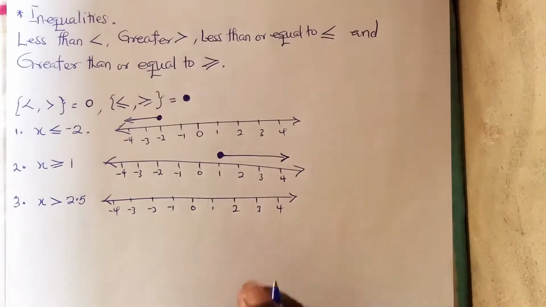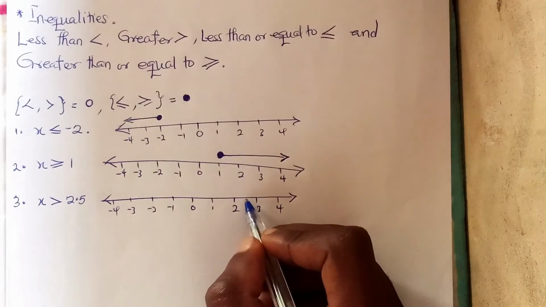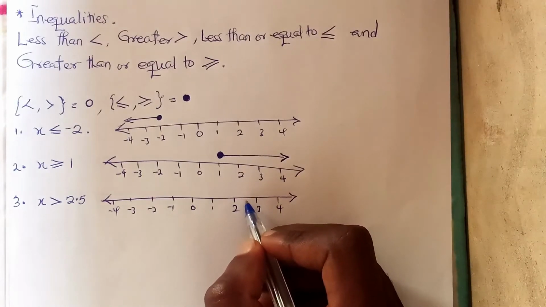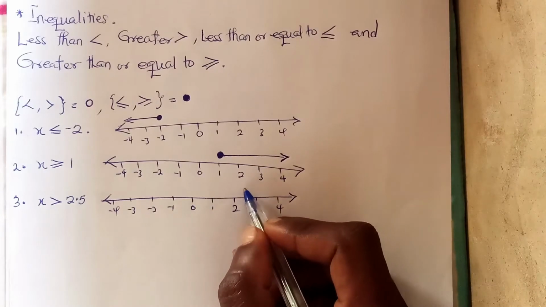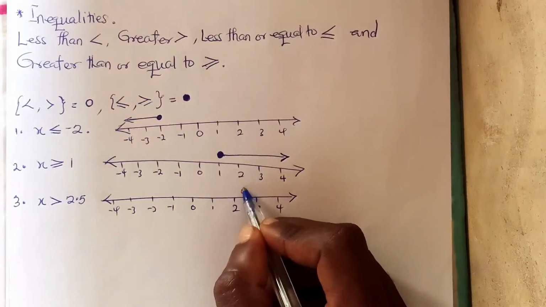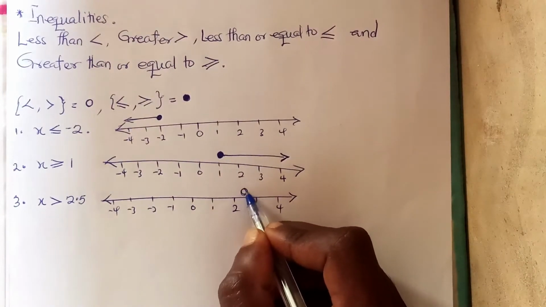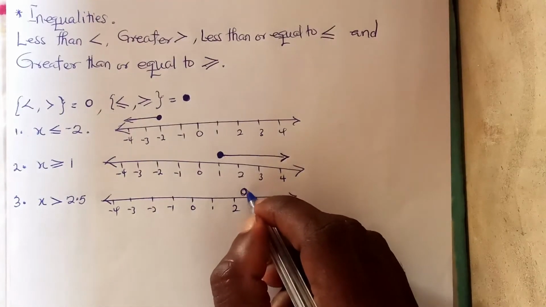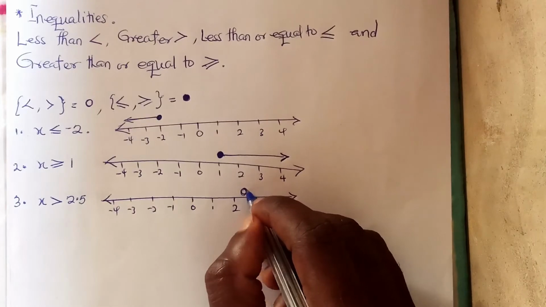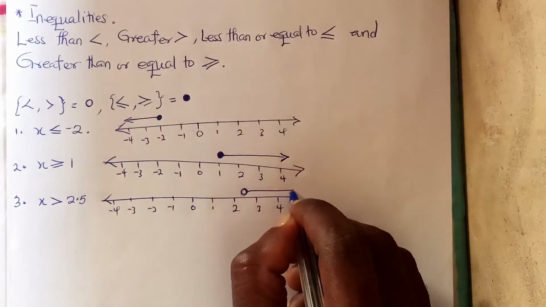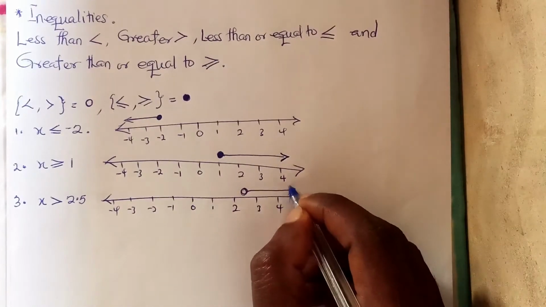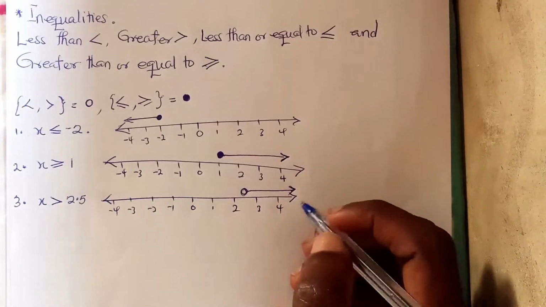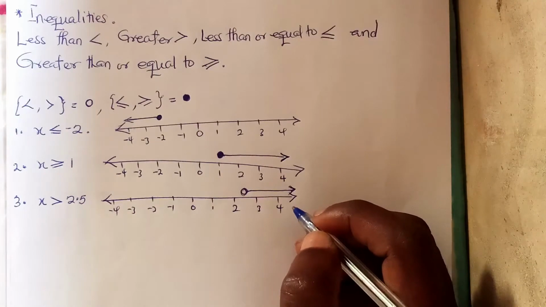With 2.5, we can allocate our 2.5 in this section. Therefore, we put an unshaded 0 there. And since it's greater than 2.5, we direct our arrow to the greater part of the numbers. That's 3, 4, and onwards. But it ends at 4, so that's where we end.